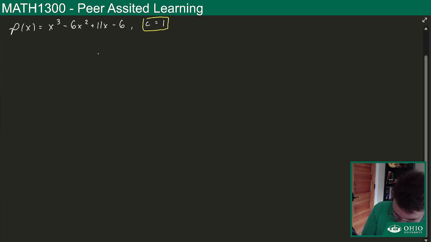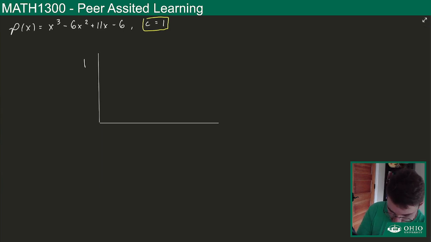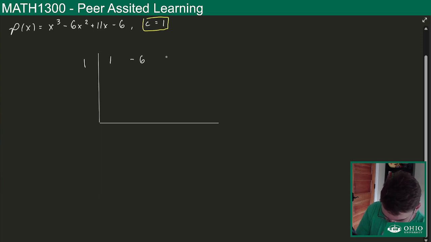So let's draw our table. And now let's put this 0 of 1 on the left side of the table. Now let's go through, write out our coefficients. So we have 1, -6, 11, -6. And now let's complete the division and see what we get back.